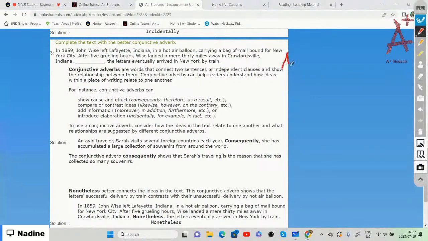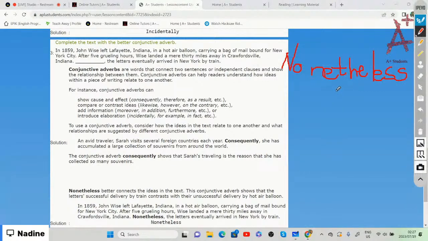Nonetheless, we're going to choose the word nonetheless. And remember, nonetheless is one word, even though it looks as if you can have it as 3 words. So nonetheless, right, the letters eventually arrived in New York.